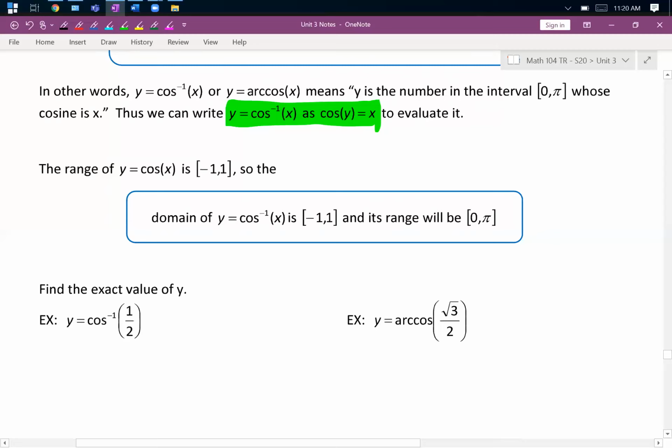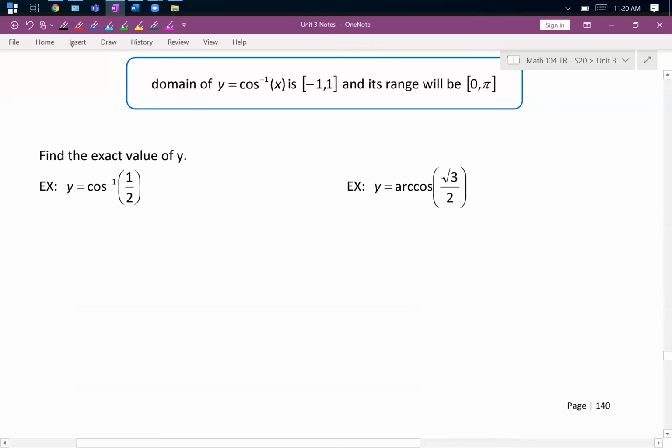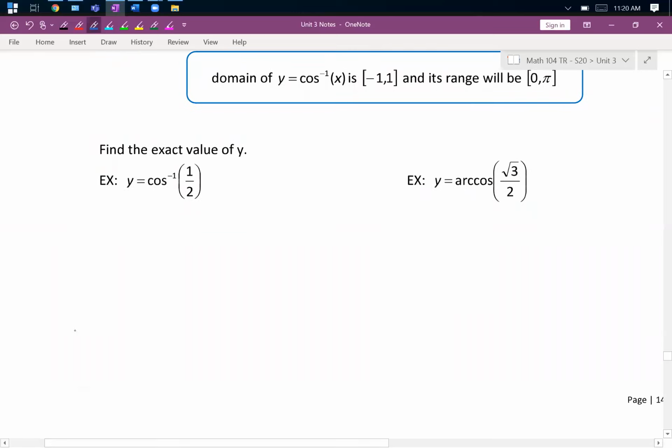So let's find the exact value of y. Cosine inverse is only defined in quadrants 1 and 2. This number inside the parentheses is positive, so out of those two quadrants, cosine is only positive in the first quadrant.